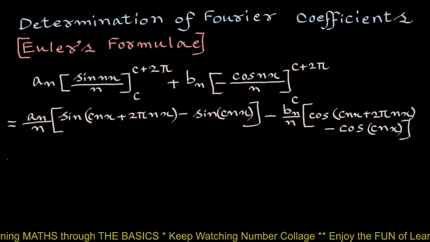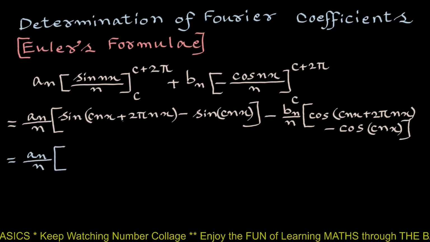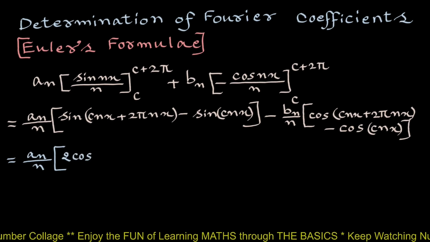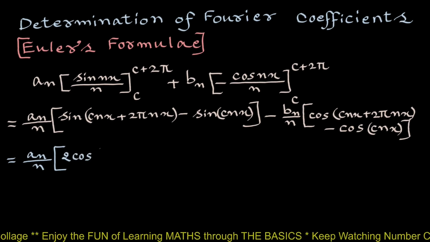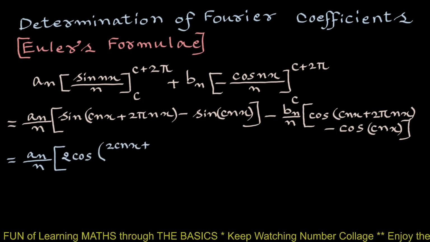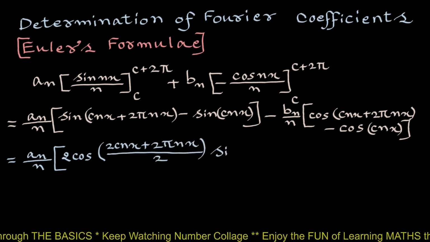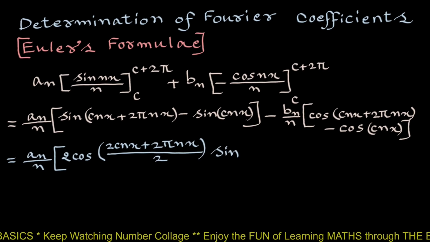This is an upon n. By factorization formula, this will be 2 cos of (c plus d) upon 2, that is (2 cnx plus 2 pi nx) upon 2, sin of (cnx minus cnx) will be 0.